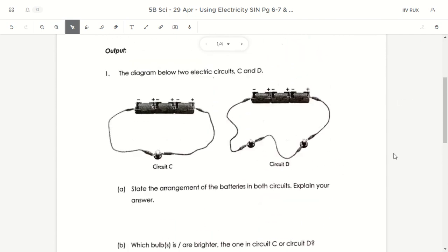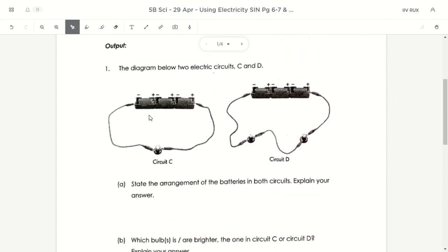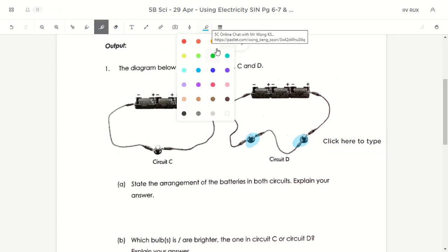So I have two circuits here. This is a very simple circuit, three batteries and one bulb. While on the other hand, for circuit D, you have two bulbs connected in series. How do I know they are connected in series? I can trace out the circuit.